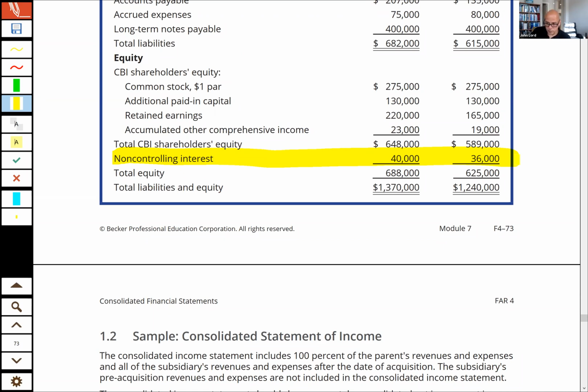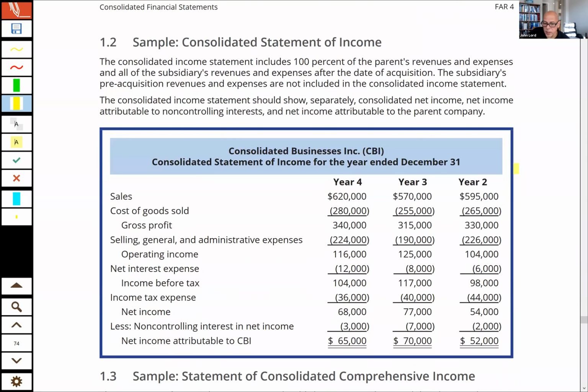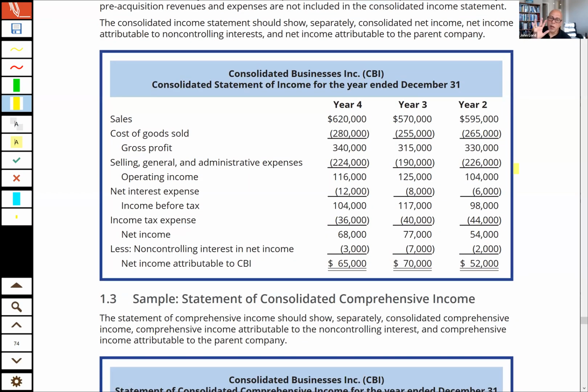Then when we go to the income statement, again, 100% of all the sales, all the cost of goods sold, all the expenses, but not 100% of intercompany sales. All intercompany sales get eliminated. So it's 100% of everything sold to outsiders. The stuff sold between the subsidiary and the parent gets eliminated. But everything else is 100%.